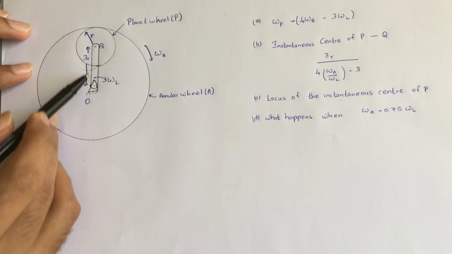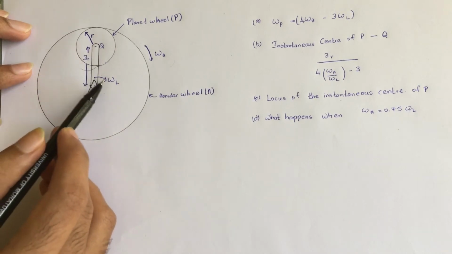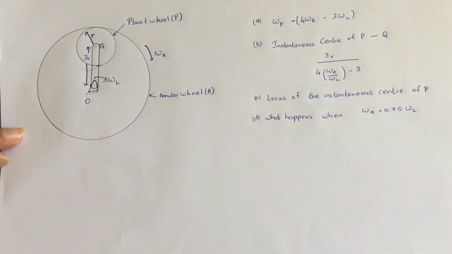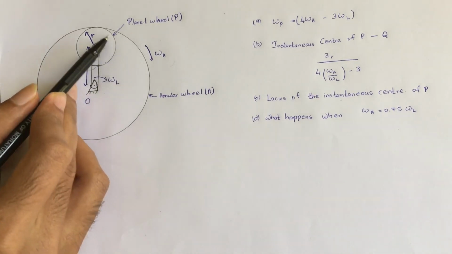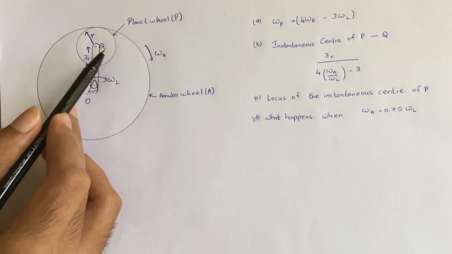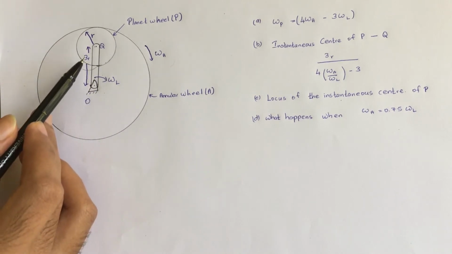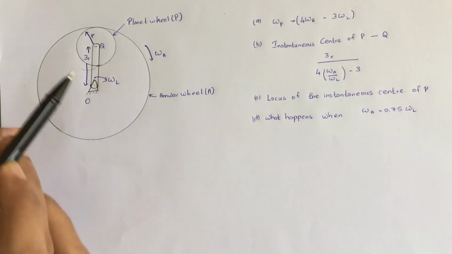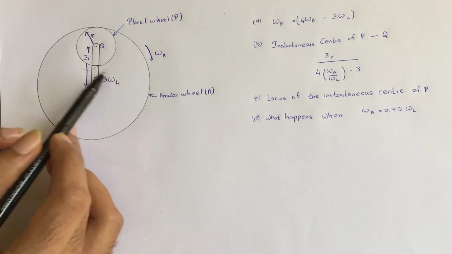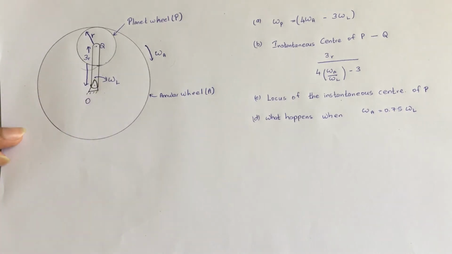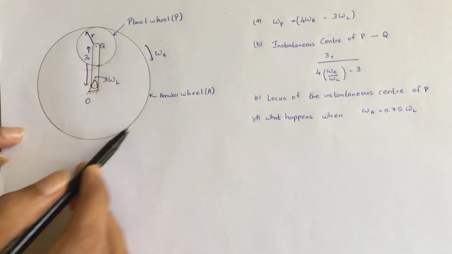As it's connected to this rod, it's going to have that part of this omega L. So here we haven't connected this planet wheel to a fixed point, but we have connected it through a connecting rod, and the connecting rod has an angular velocity of omega L with respect to this fixed point O.